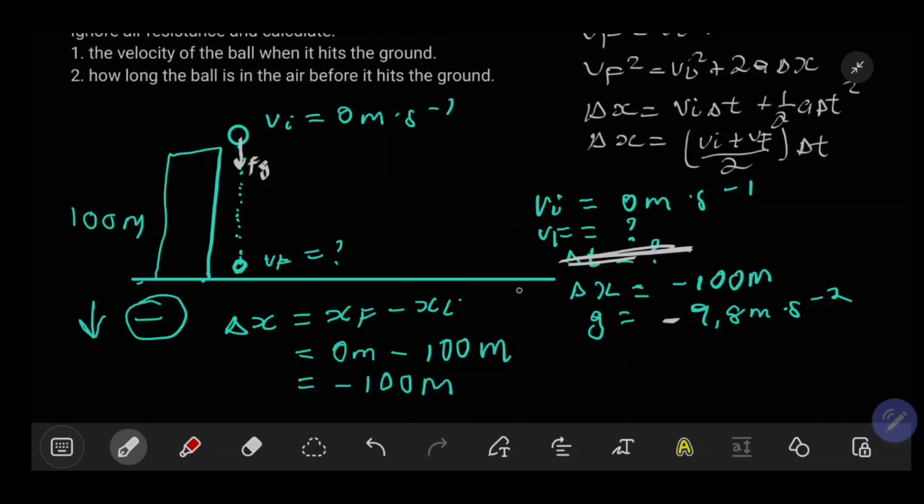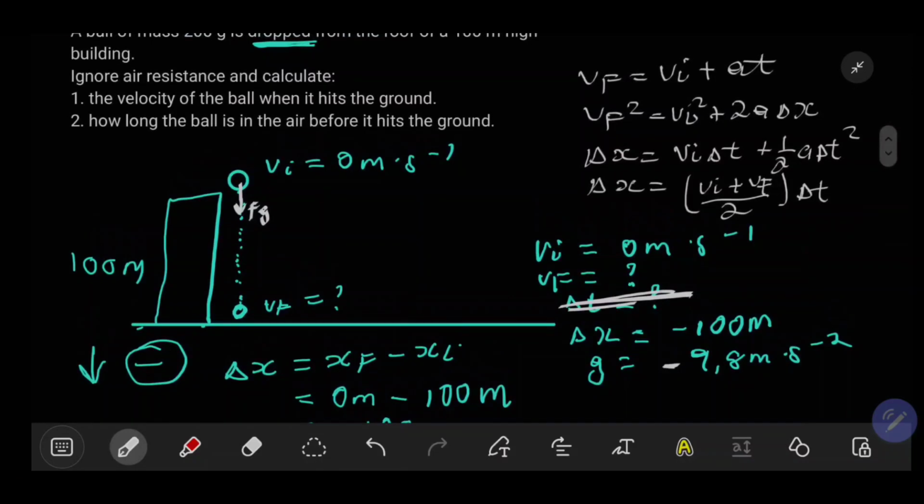four quantities that we have now, right? So we have our initial velocity, we're looking for the final, and then we have the displacement and our gravitational acceleration. You can see the first two equations have the initial velocity and the final velocity. Then the first one has the acceleration and time, which we don't need for this question.